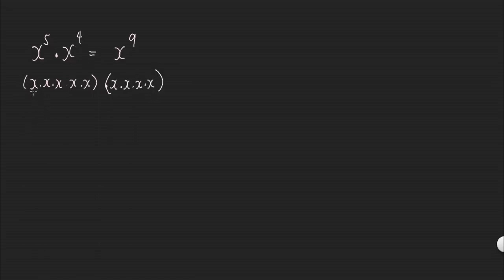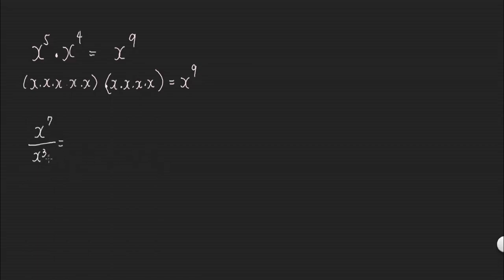So when we count them, pag binilang natin yan, we have the same answer, x to the 9th power. So 1, 2, 3, 4, 5, 6, 7, 8, 9. So we have 9 x's.